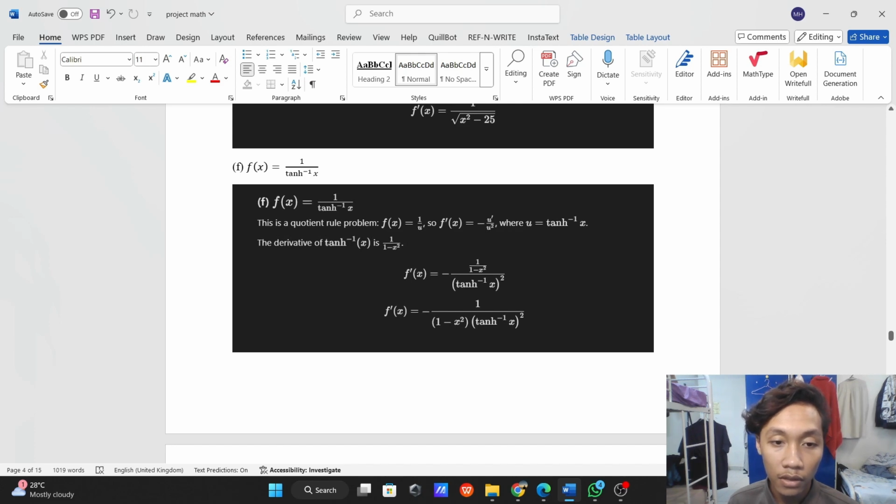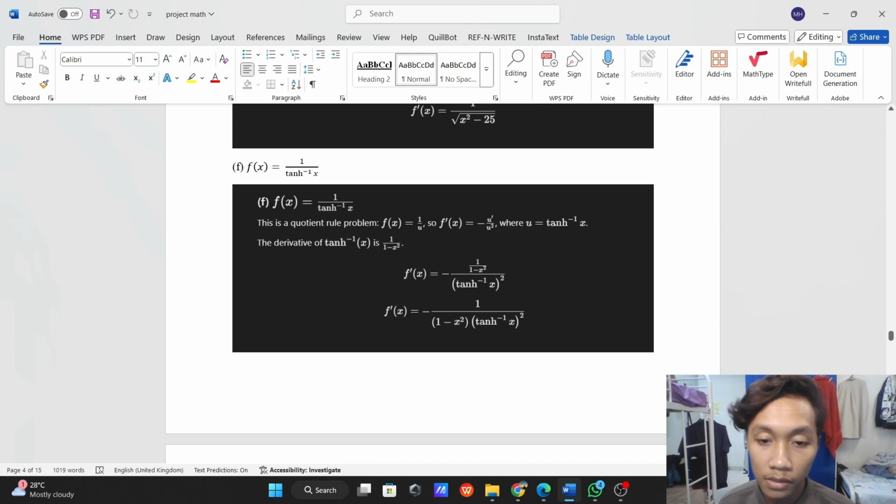The derivative of tanh inverse is 1 over 1 minus x squared, and then we get negative 1 over (1 minus x squared) over (tanh inverse x) squared.